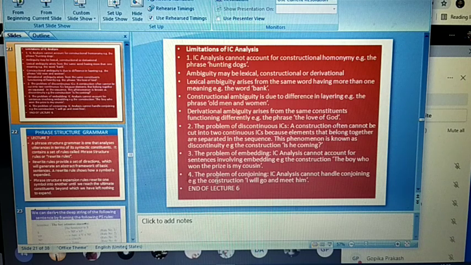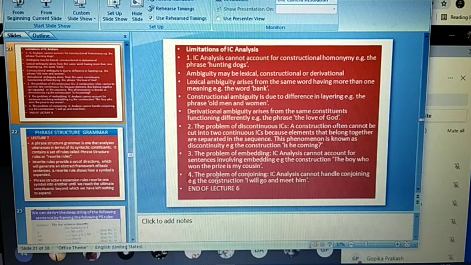One meaning: men are old, women are also old. Another meaning: only men are old, women may not be old. That is constructional ambiguity. These are all limitations of IC analysis.